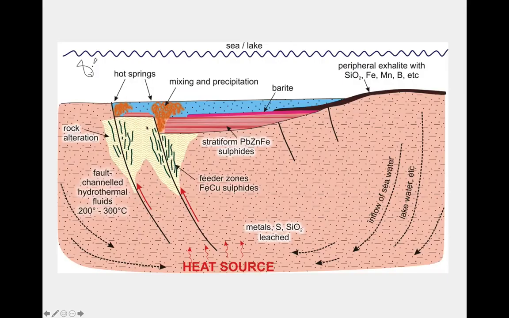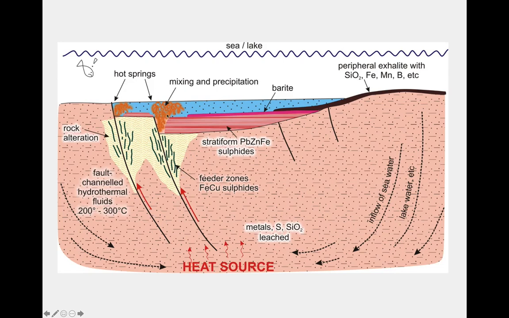So here's a generalized cross-section. We have our sedimentary sequence. We have flow of water to a deeper heat source. We're leaching out metals, sulfur and silica. We move through feeder zones or conduits that are related to the faults. We form these sort of broad vent structures where we might get iron copper sulfides. We get a bit of zoning.